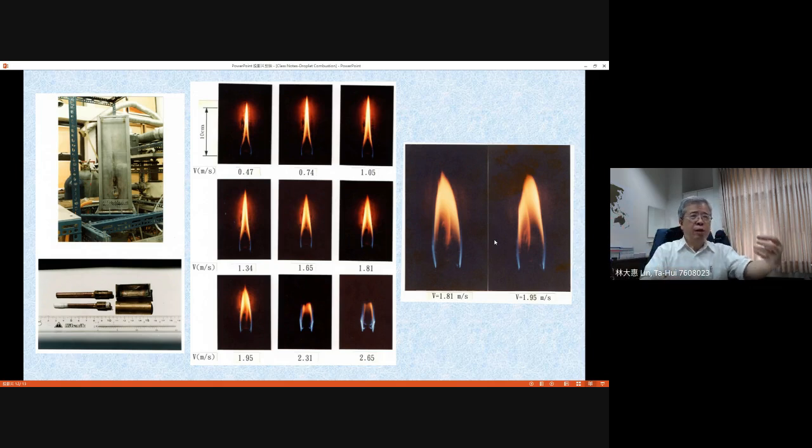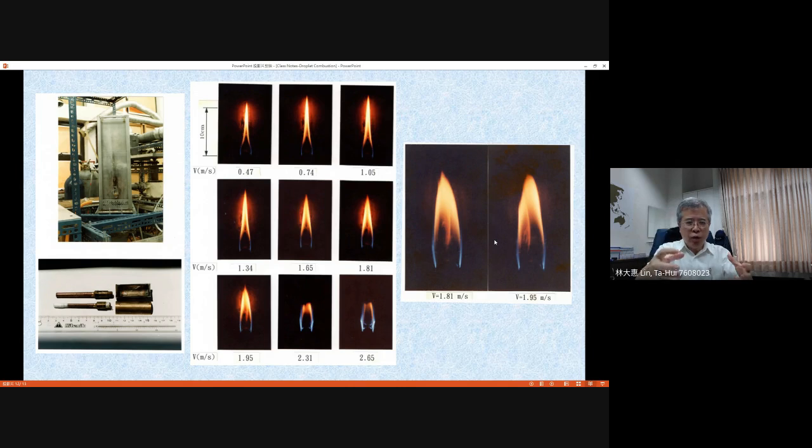Some droplets may experience evaporation only, but other droplets are enveloped by a diffusion flame. Do we have any difference between these droplets for a turbulent mixing spray flame? Inside the spray field, the mixing is very strong.